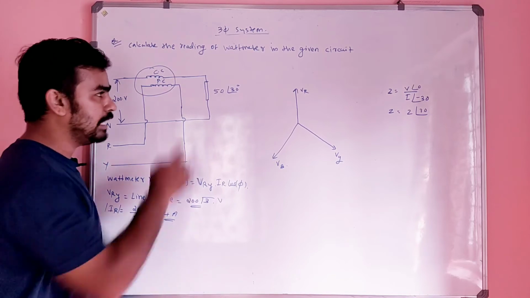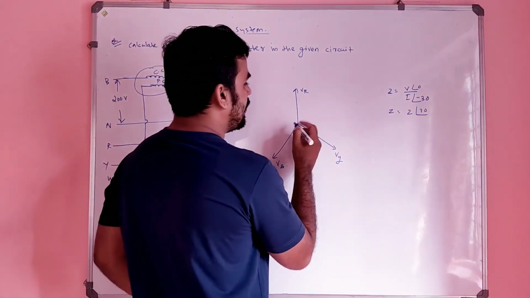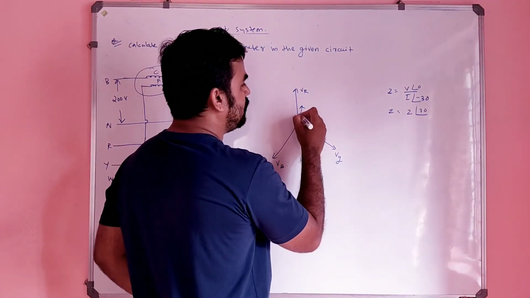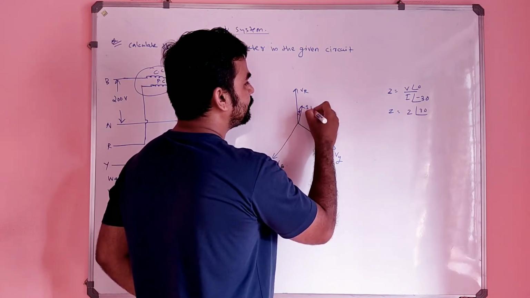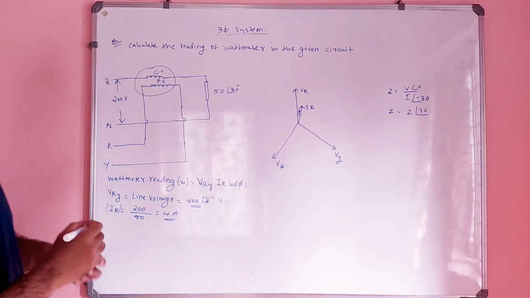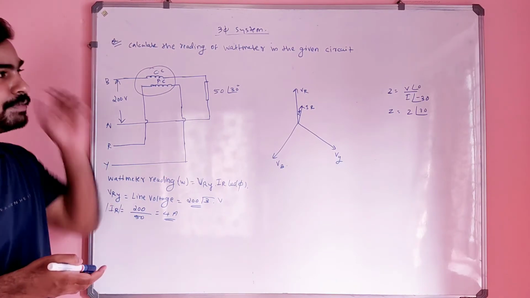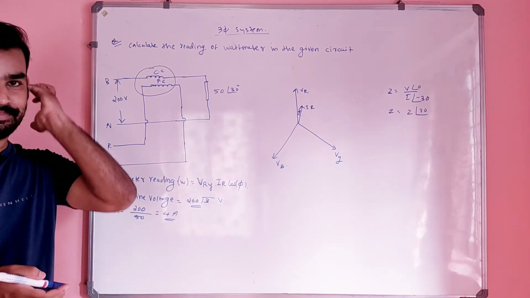That means the current IR will be 30 degree lagging with respect to voltage VR.